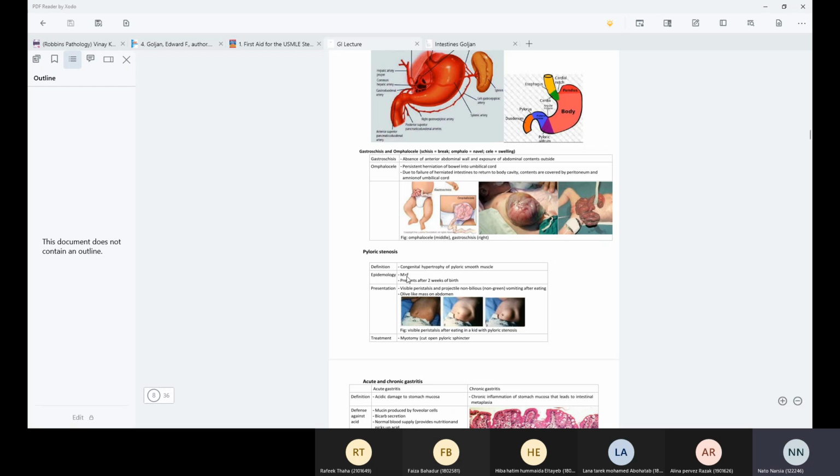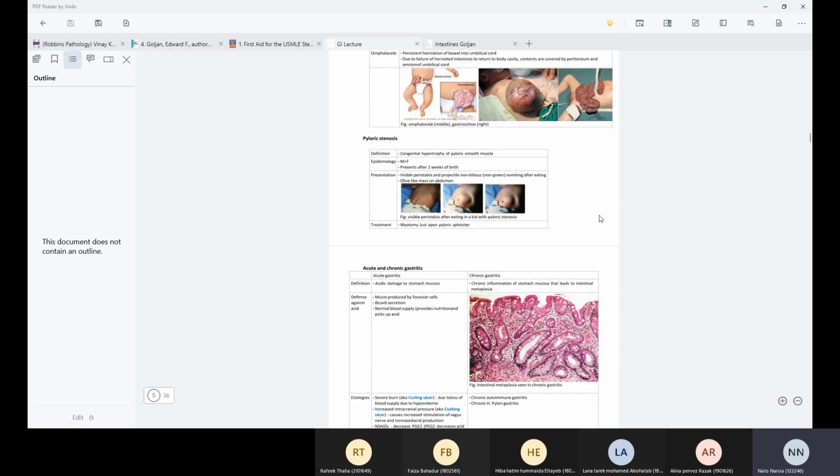In male newborns, you will find it. How are you going to treat? Any congenital anomaly can be treated with surgery. The surgeon may cut this hypertrophic pyloric area, and the patient is absolutely normal.